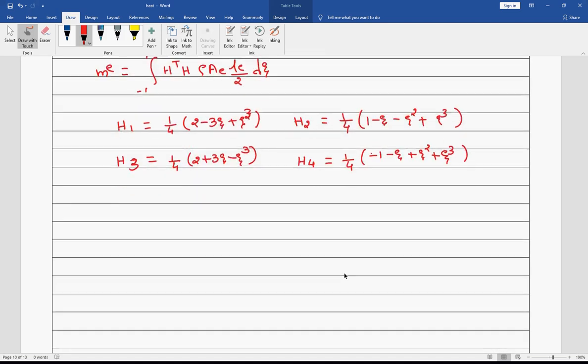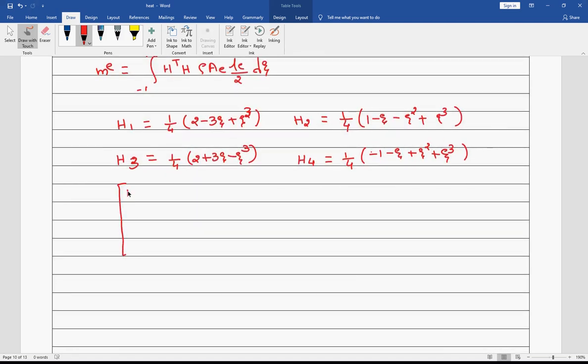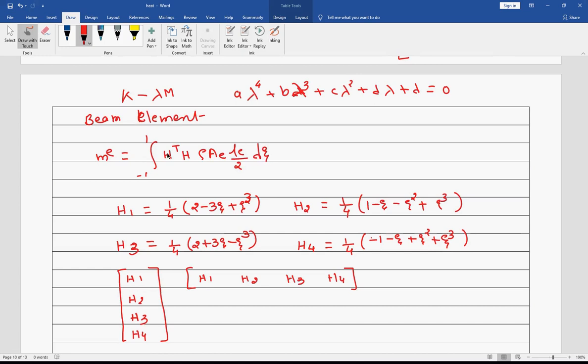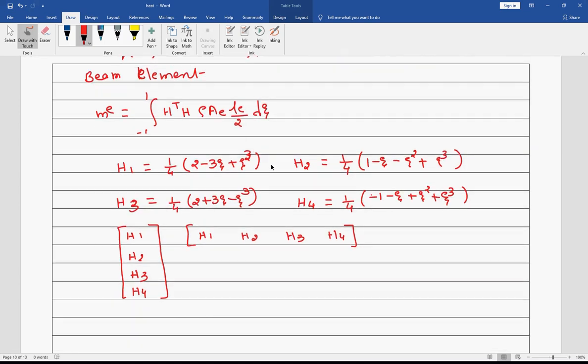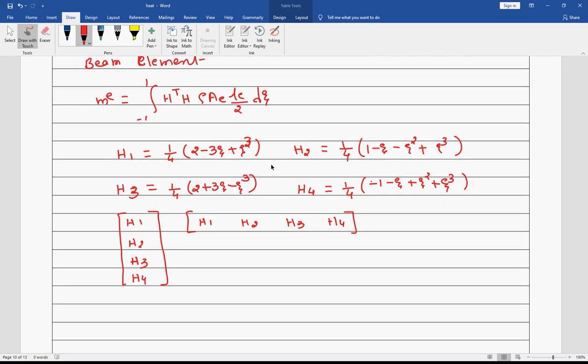So basically what H transpose means is that I have H1, H2, H3, H4, and then I could have H, that H1, H2, H3, and H4. So you get a 4 by 4 matrix of this, and then you individually integrate with respect to d psi, and finally you are going to end up with the solution.